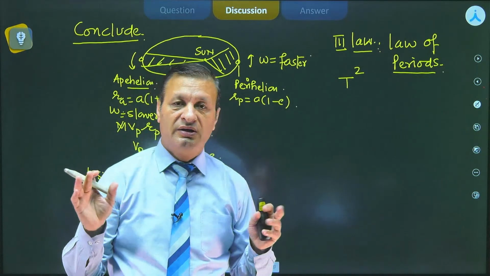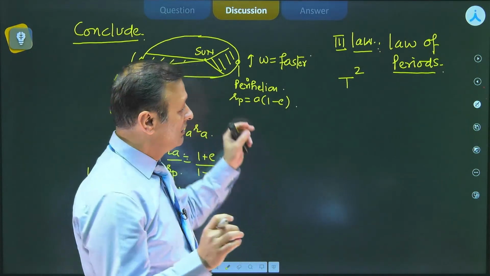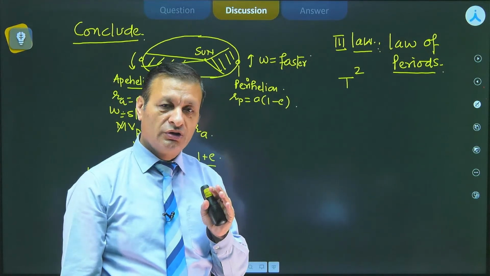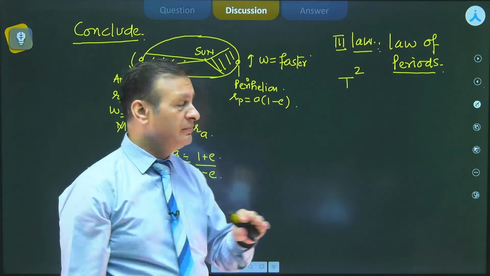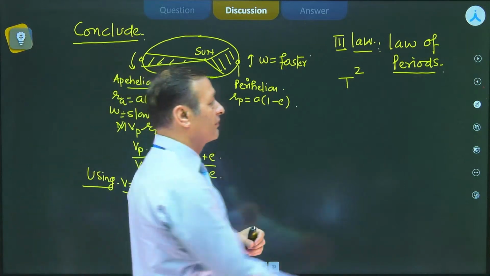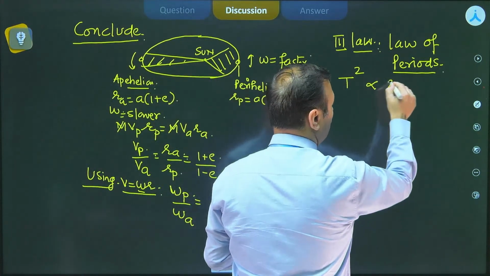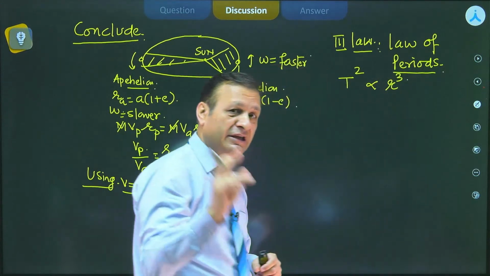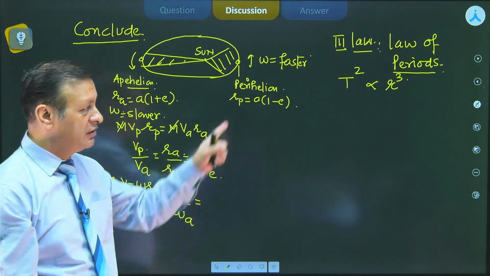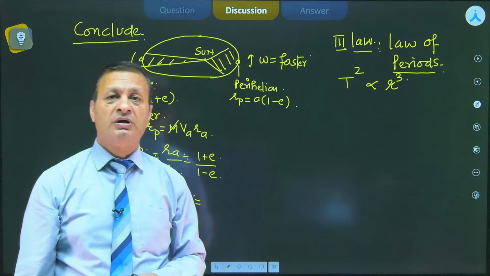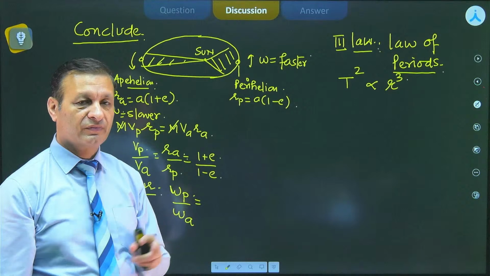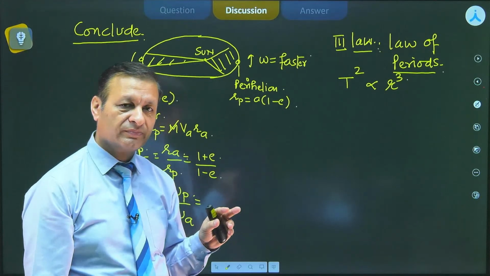I'm not writing the statement of the third law, or rather I have not written the statement of any of the laws, so just pay attention to what I am giving you verbally. The square of the time period is directly proportional to the cube of the semi-major axis. Make it a point. So T square is directly proportional to R cube, and this is called the law of periods. Got it? Any doubt?